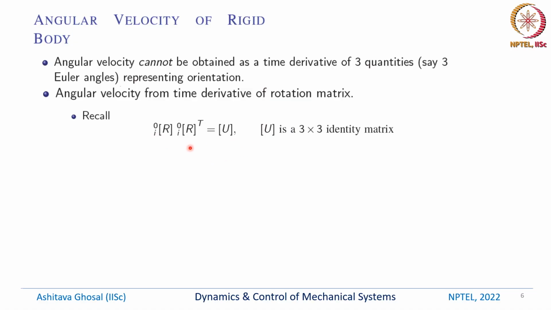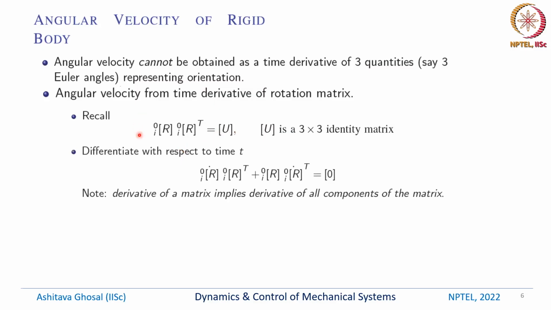In our case, the rotation matrix inverse is the same as the transpose, hence we get this. So the I coordinate system with respect to some reference coordinate system 0 has rotation matrix 0 I R, and multiplying by 0 I R transpose gives the identity matrix.